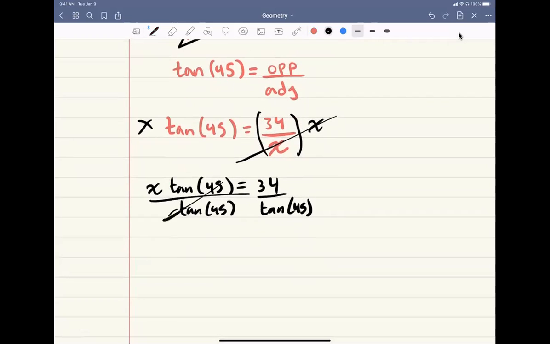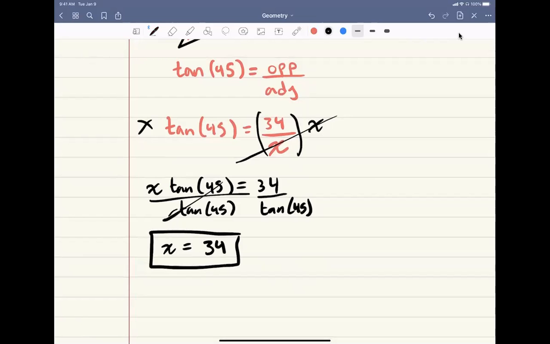Because I've been doing this math a lot, I know that tangent of 45 is 1. So if you type 34 divided by tangent of 45 into your calculator, you're going to get 34 because tangent of 45 is 1. So this is equal to exactly 34.